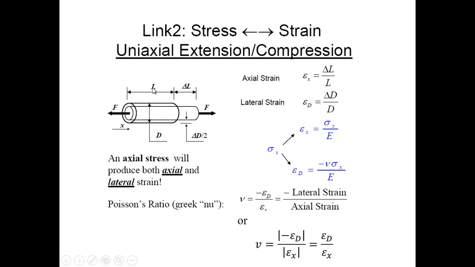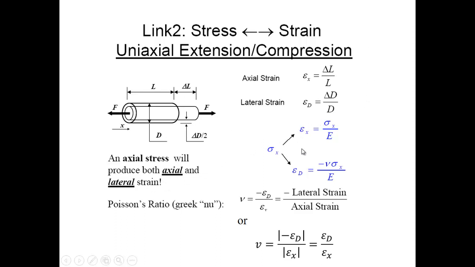So delta L over L gives the axial strain. However, if there is a change in the size, the diameter of the rod, with respect to the vertical direction, you will get the lateral strain, which is equal to delta D over D, right? The axial stress will produce both axial and lateral strains.